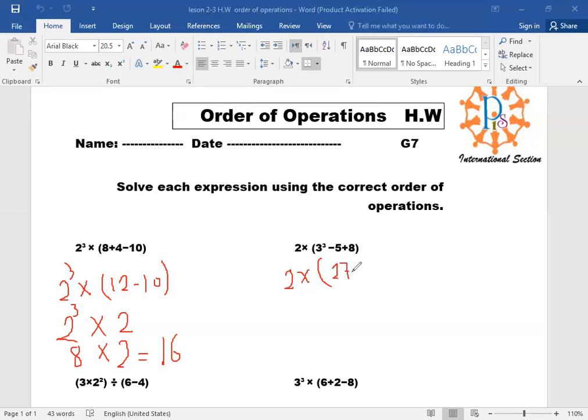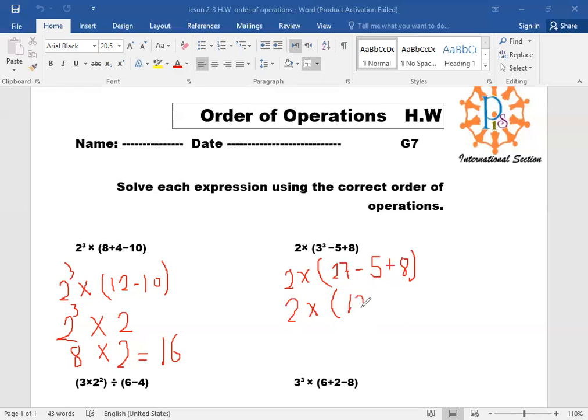Right? So it will be 27 minus 5 plus 8. Okay. We will start with minus 5, yes, because it comes first from your left hand. So it will be 22. 27 minus 5 will be 22, and plus 8 will be 30.